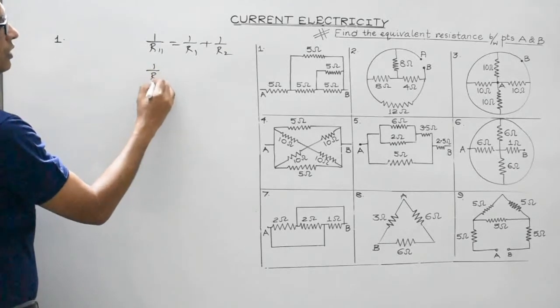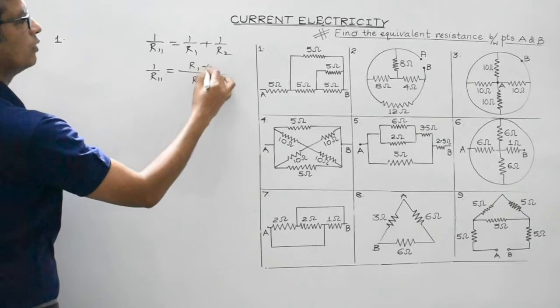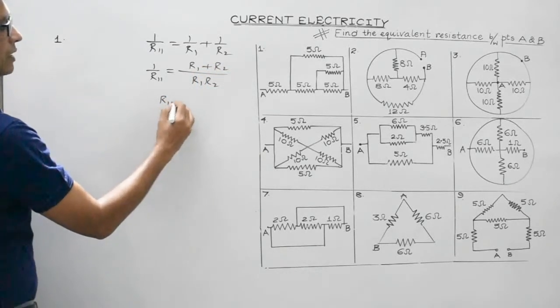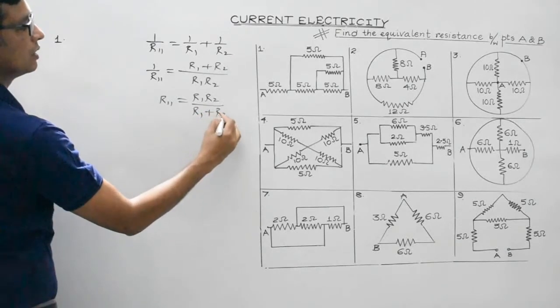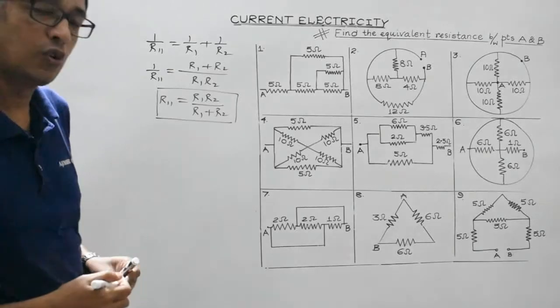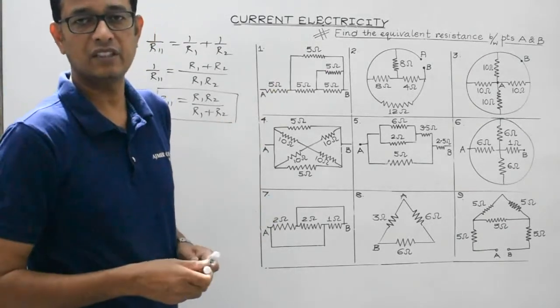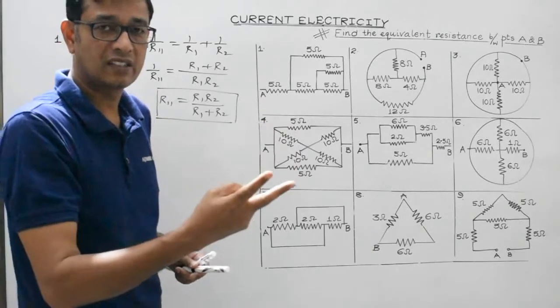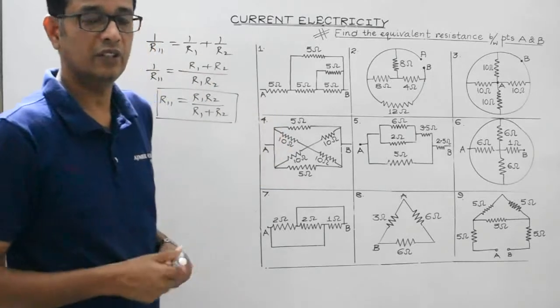So if you solve it, what you get is LCM is R1 R2 and here you will get R1 plus R2. So R parallel would be equal to R1 R2 divided by R1 plus R2. Am I clear? And also remember, in parallel grouping, the equivalent resistance is less than that of the individual given resistances. In case both the resistances are equal, its parallel resistance would be equal to half of the given value.